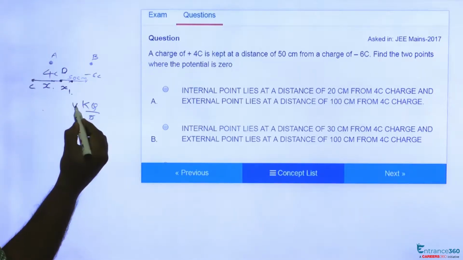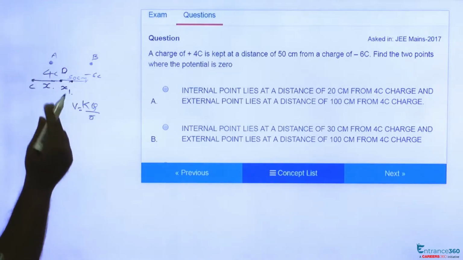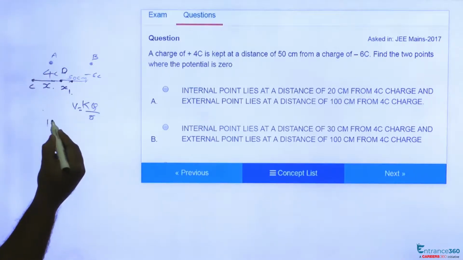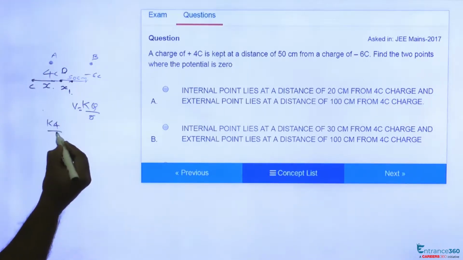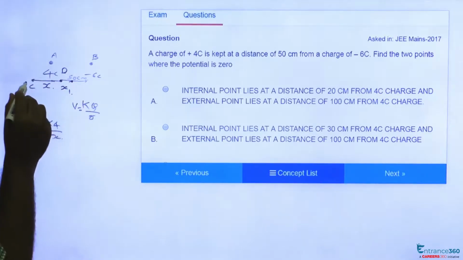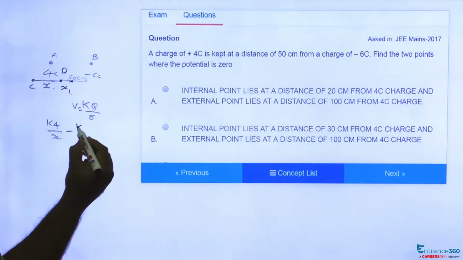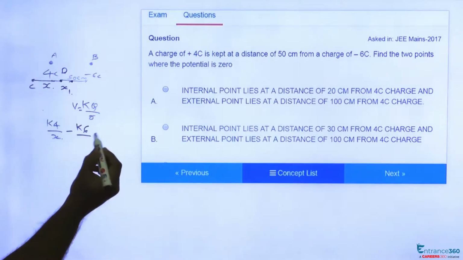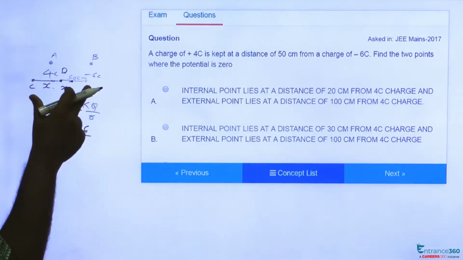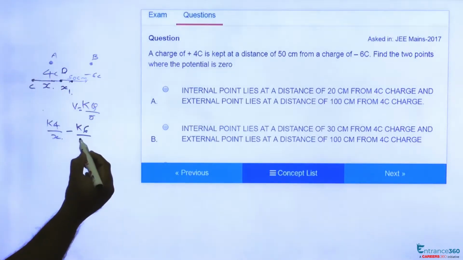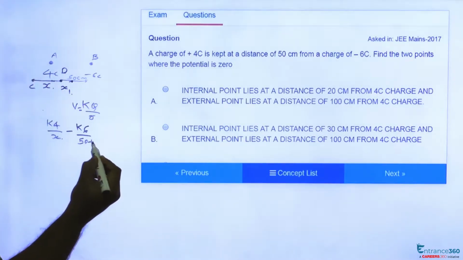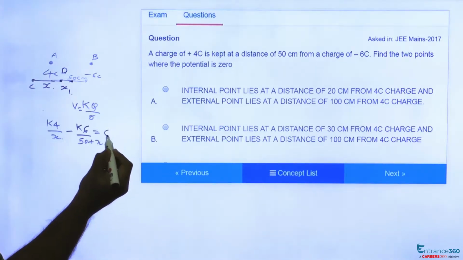Using this, due to 4 coulomb we have K 4 by x, we are considering at point C, minus K 6 by total distance, which is 50 plus x, equal to 0.